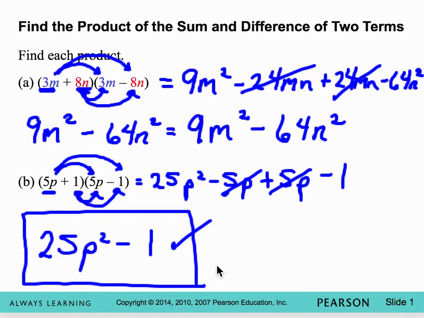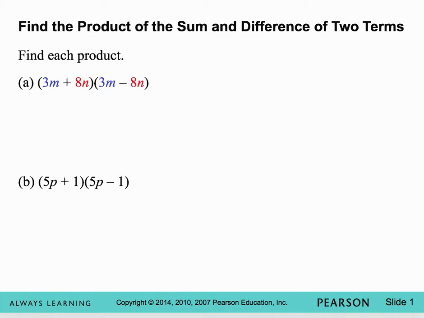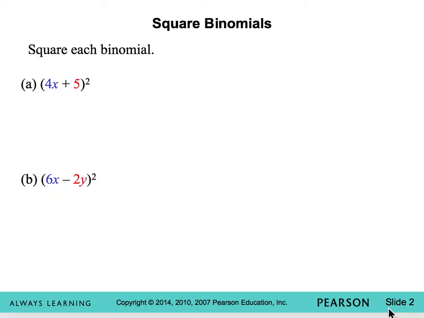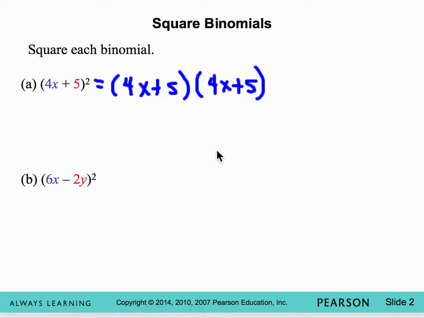Okay, so we have these kind of special products and these kind. So it can either be written as a binomial all squared, or if it's written out like we're used to seeing them, what I need to recognize is that, hey, these binomials are exactly the same.